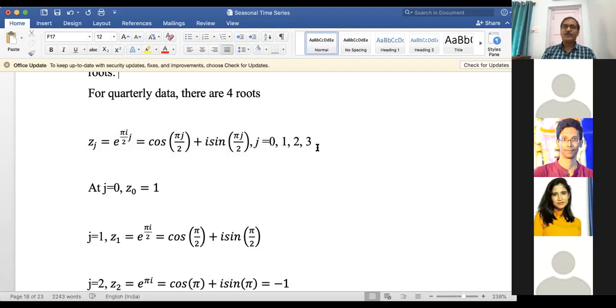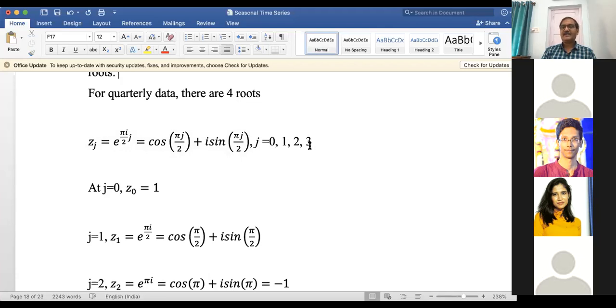So if you have quarterly data, how many cycles can you expect in the behavior of your data? One possibility is 0 cycle. There is no variation across the quarters within a year. Another possibility is 1 cycle. Another possibility is 2 cycles.